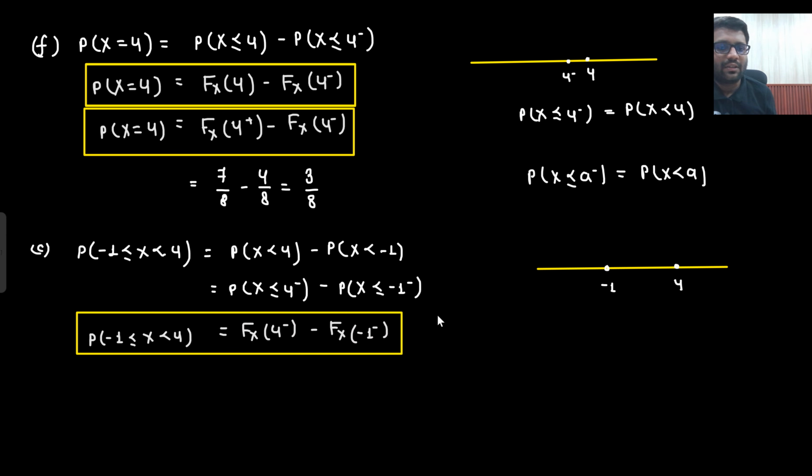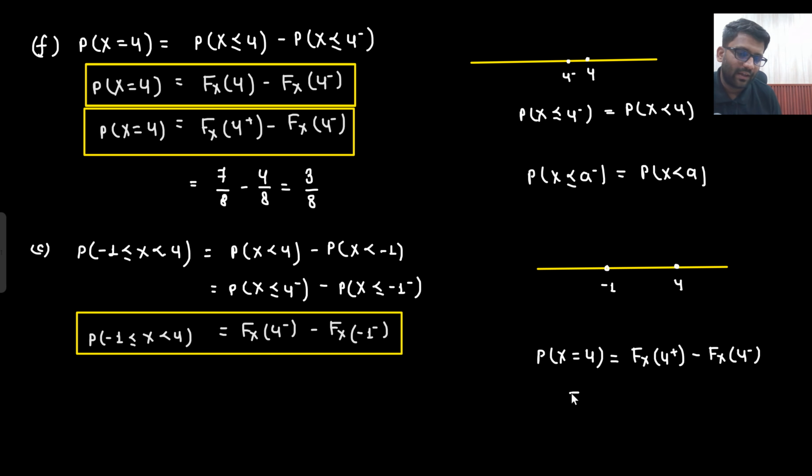What could be mentioned in the option? Let's go here again. So probability of x less than 4. So you know what is probability of x equal to 4. That is probability of x equal to 4 is fx of 4 plus minus fx of 4 minus.